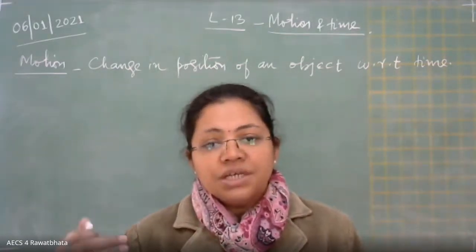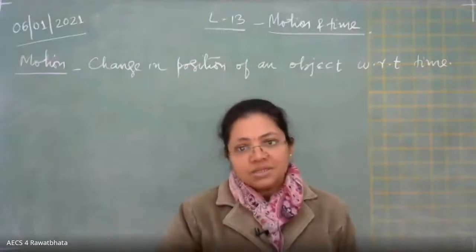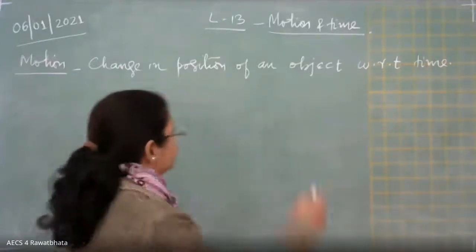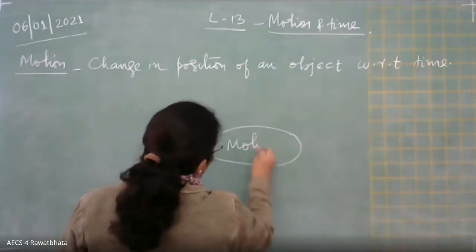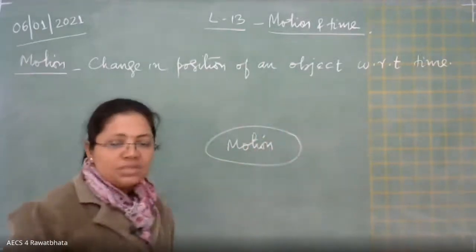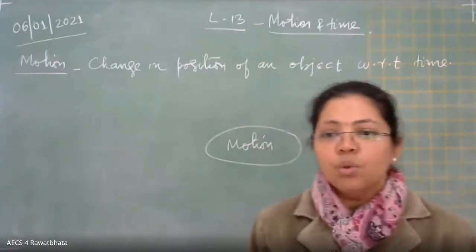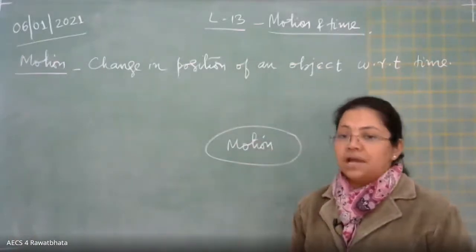Now you have learned the types of motion in 6th standard. So you will help me in creating a small concept map for the types of motion which we have learned in 6th standard. Ma'am, here what is WRT? Yes, WRT.